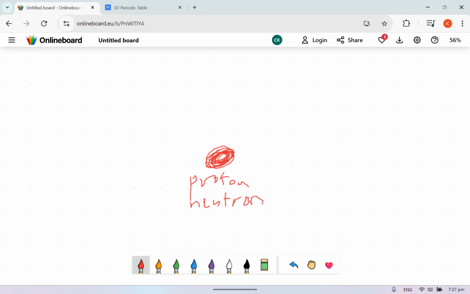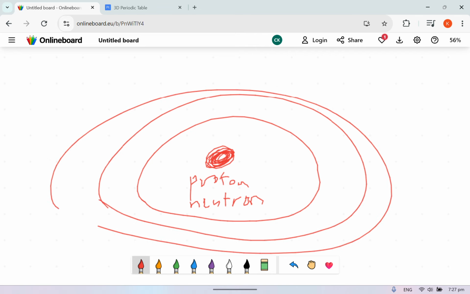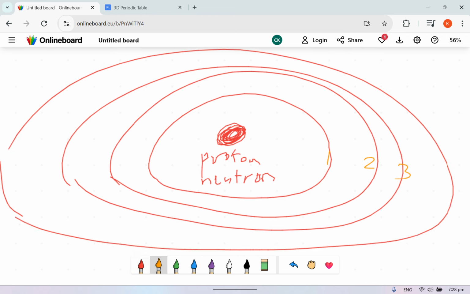and surrounding this nucleus are things called electron shells. In this case, how many electron shells are there? You can see there's 1, 2, 3. If I draw one more outside, then there are 4 electron shells. On every electron shell, there are some electrons. It can vary. For example, this one has 1, this one has 4, let's say this one is 2, 4, 8.